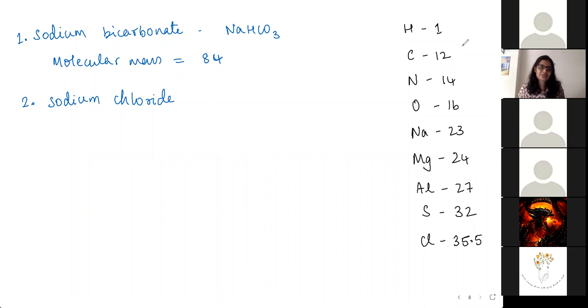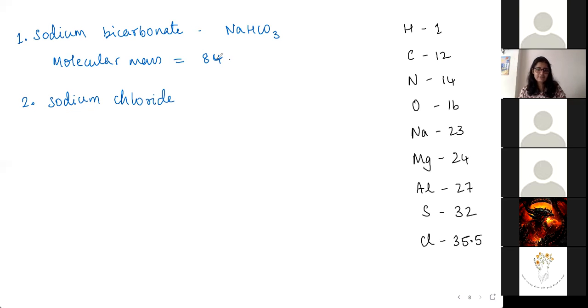Because g per mole is not grams per molecule. Ma'am, g/mole is that, right? It's not grams per. Because like other things, like meters per second. So ma'am, can we just simply write gram per molecule in words? No, because that is wrong. एक molecule 84 grams नहीं हो सकता है ना?